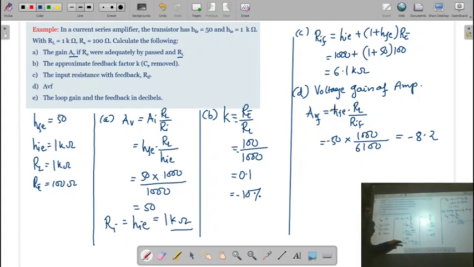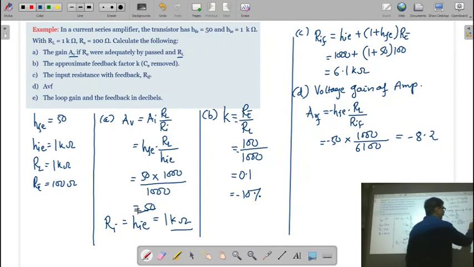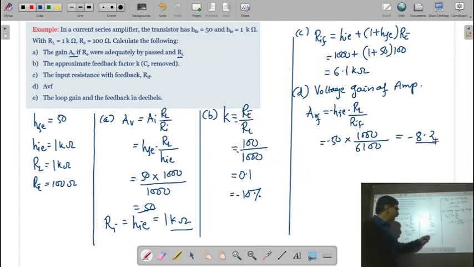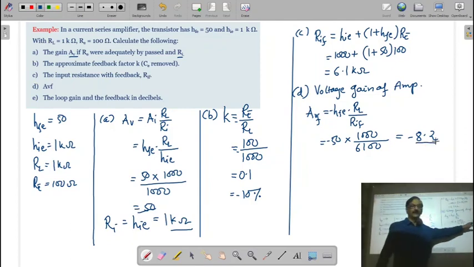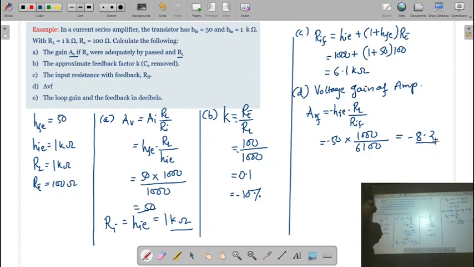So here what you are finding is that without feedback the gain is 50, and after providing the 10% feedback, the gain is reduced to 8. So the D part is complete. Now the loop gain of the amplifier.